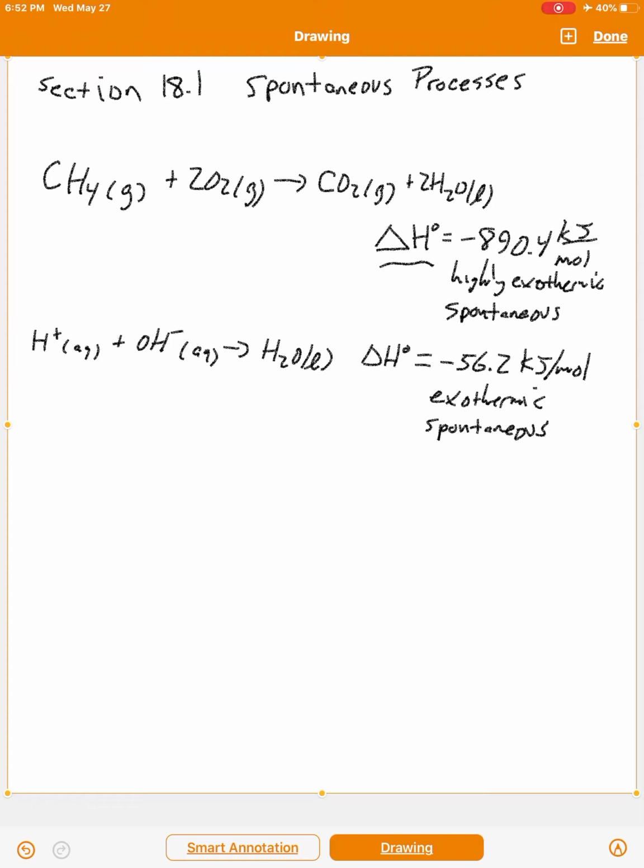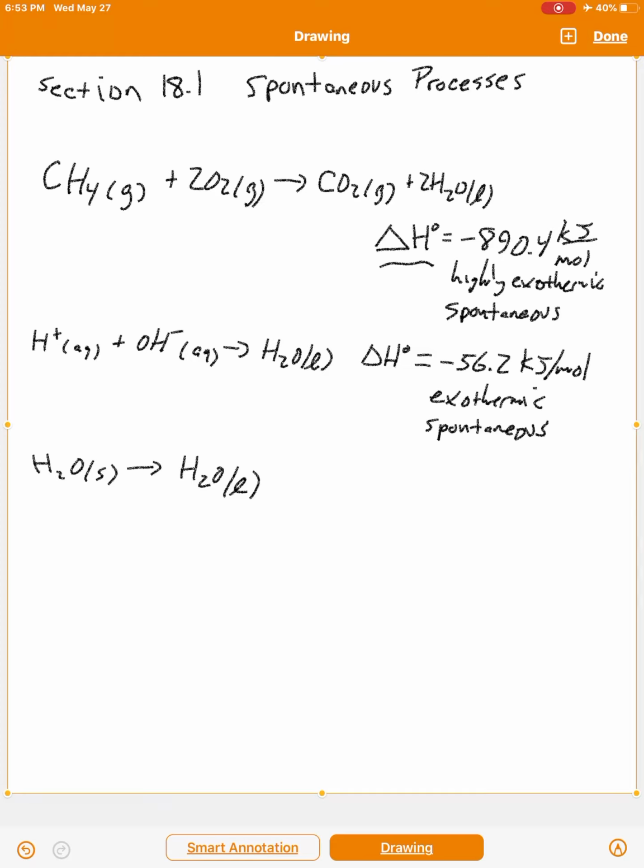Now, here's an example. Suppose we take an ice cube at room temperature. That could represent an ice cube, solid water. We know that at room temperature, the spontaneous process is that ice will melt into liquid water.